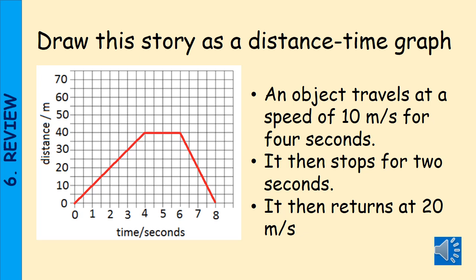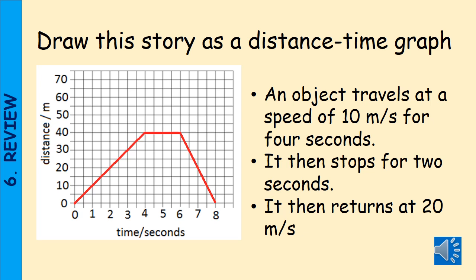So we can plot the coordinates of that point 1, 10. In the next second it does another 10 meters. The coordinates for that point would be 2, 20. In the third second it would go up to coordinates 3, 30, and in the fourth it would go to the coordinates 4, 40.